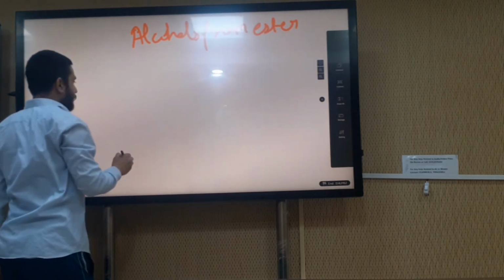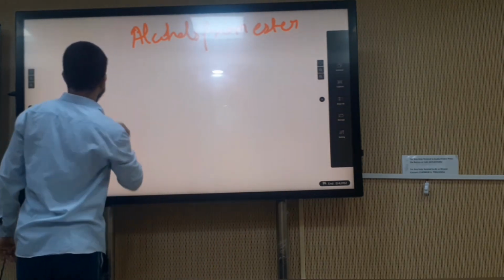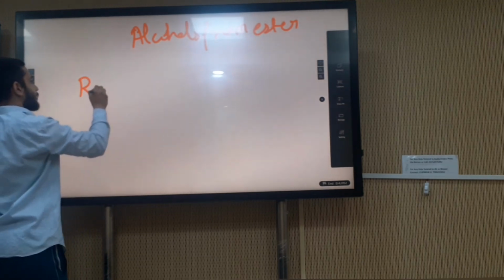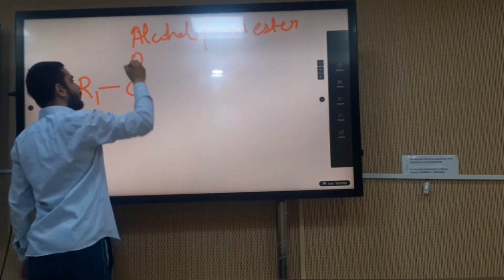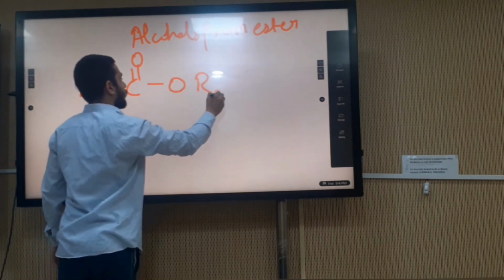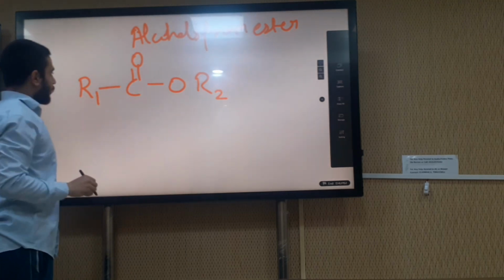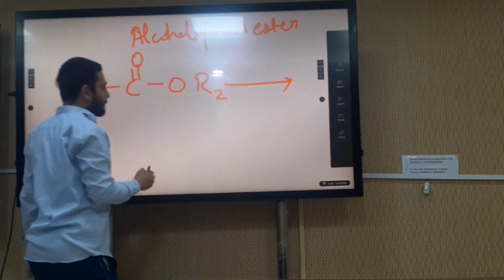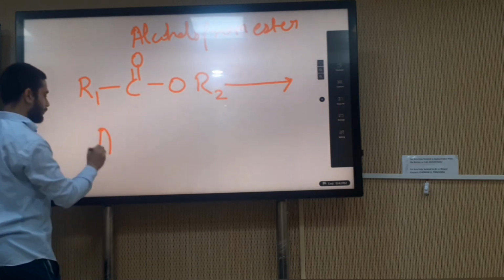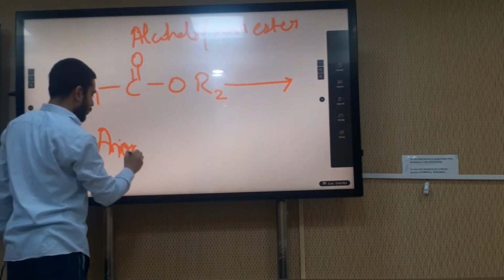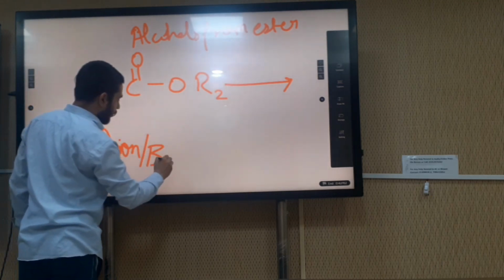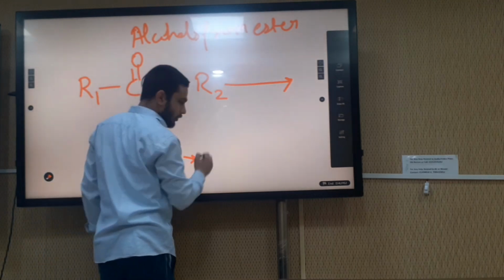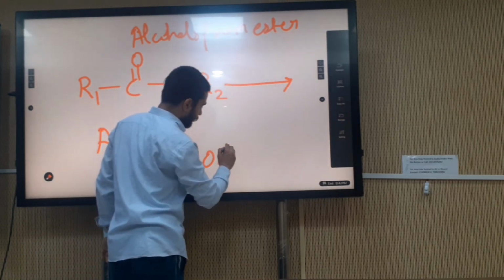Suppose we take the structure of this ester, RCOOR. We will take one anion or a base, so it can be OH minus.